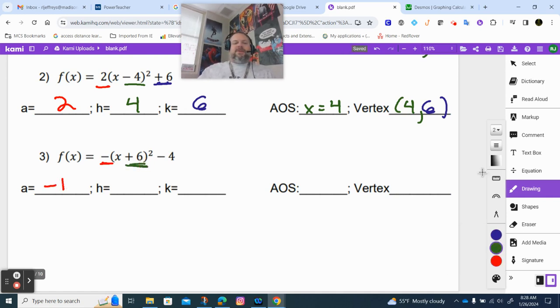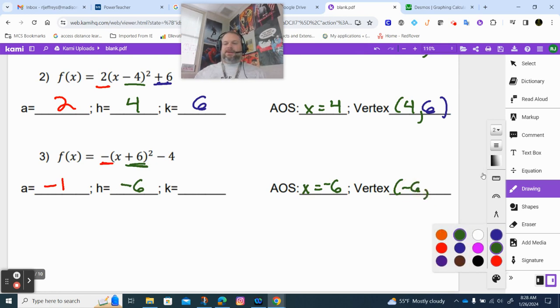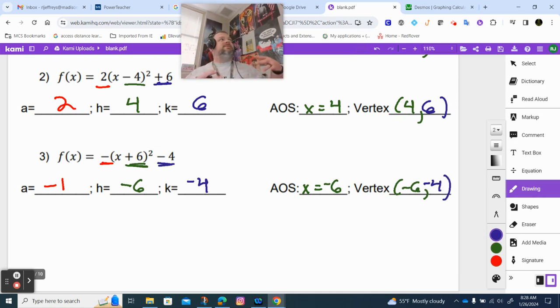What is our H value? -6. Okay. What is our K value? -4. And again, I'm trying to write these notes not only to help y'all now, but if y'all were to go back and look at the completed notes online, you can kind of follow the color code.